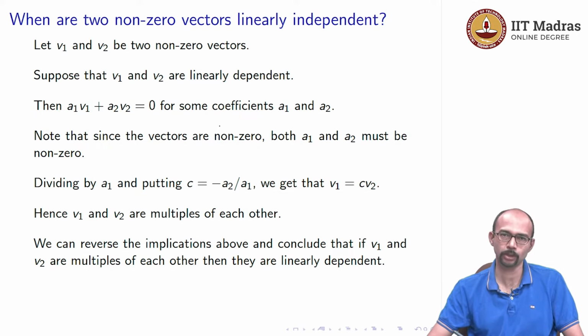Actually, it is enough for one of them to be non-zero, but in this case both of them are non-zero, and so we get that they are linearly dependent. Yeah, so that is what I mean by we can reverse the implications.